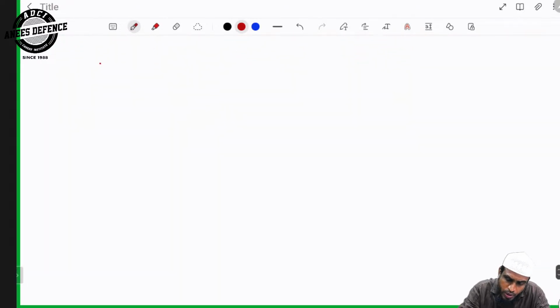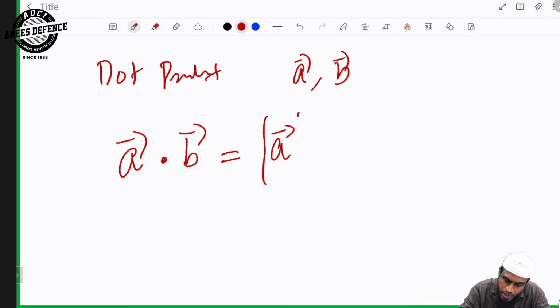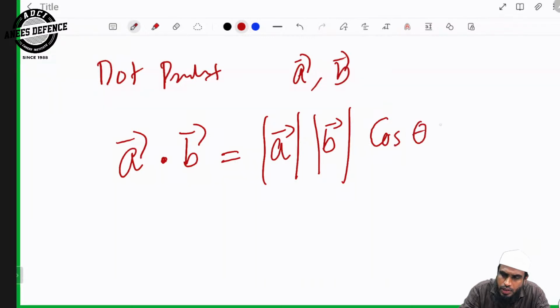So dot product between two vectors A, B can be represented as A dot B equal to mod A mod B cos theta.